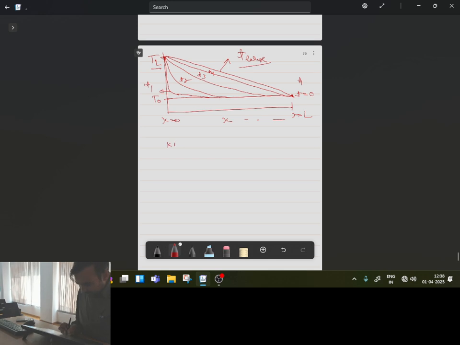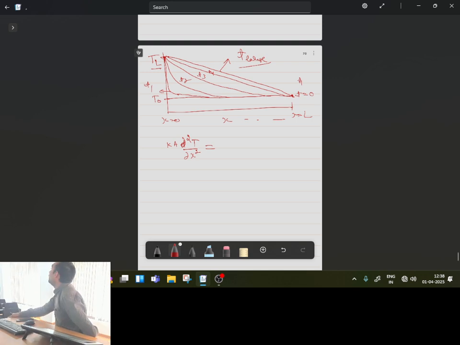So K into del square T by del x square will become equal to... We are not talking about convection over here, we are talking about pure conduction.